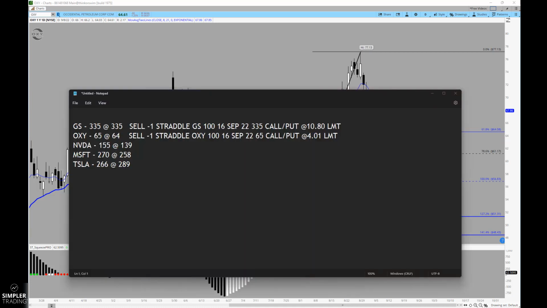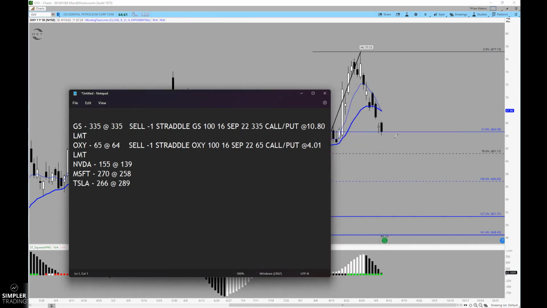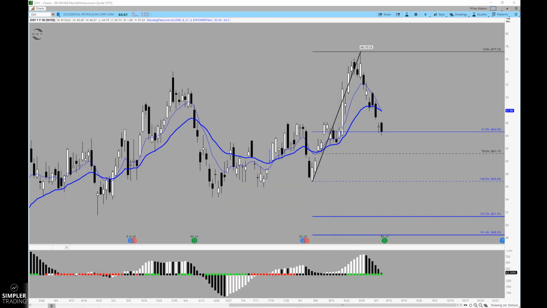It's trading around 64. And if you were to sell the straddle for this expiration at $4, you're basically saying that it will be below 69 and above 61 on that monthly expiration. And of course, somewhere along there, you get the opportunity to take profits. So I think that is a good idea there with Oxy.